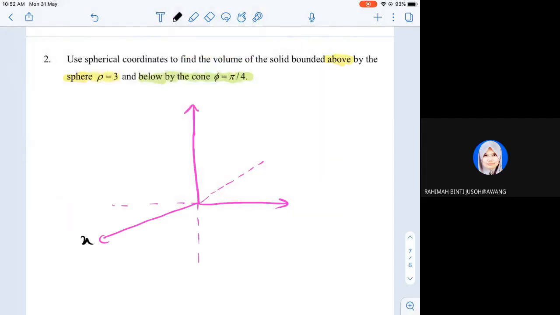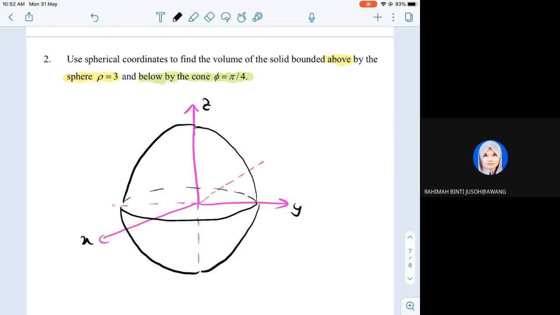We have X, Y, and Z. Okay, first of all, let us sketch the sphere. We have this sphere. Okay, and then the sphere with radius what?